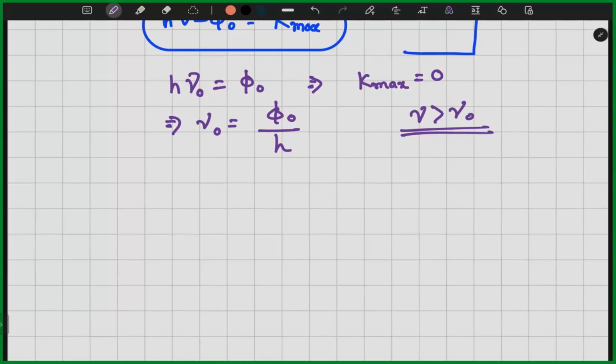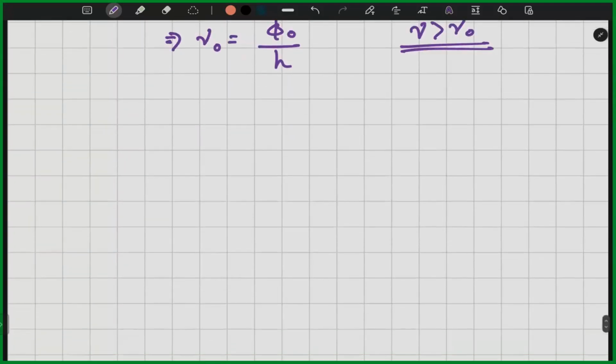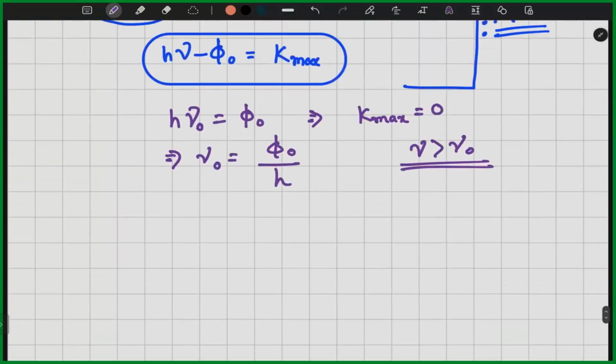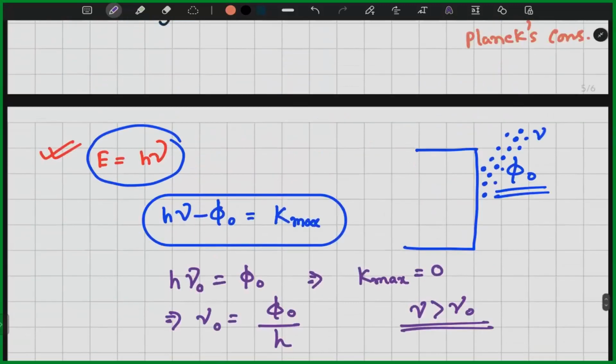Now we'll try to explain our result. From here we can explain why there is a threshold frequency, because there is a work function. There is a minimum energy phi 0 that is required for an electron to escape from that metal. So we should give at least that amount of energy, and the energy of the radiation depends strictly on the frequency of the radiation, equal to h nu.